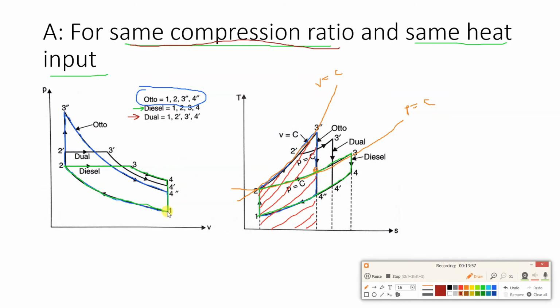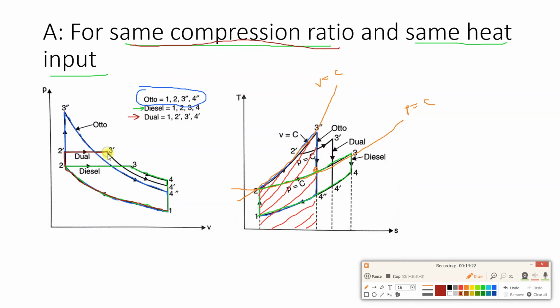So process 1 to 2 isentropic compression will follow the same curve. Then in case of dual cycle, heat is added at constant volume first. So 2 to 2 dash constant volume heat addition, then 2 dash to 3 dash constant pressure heat addition.